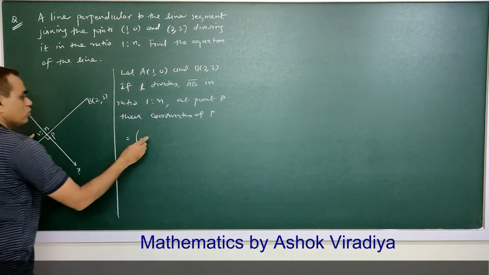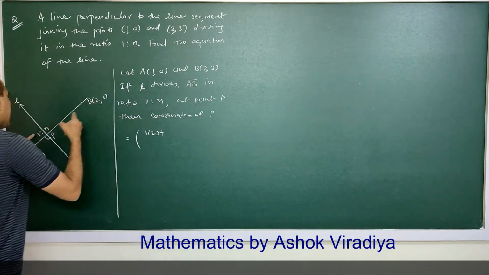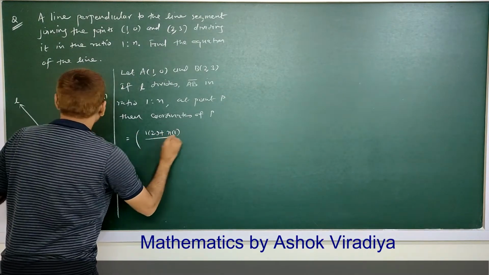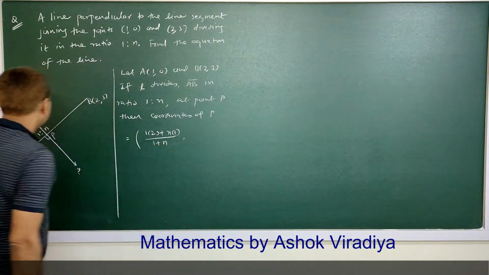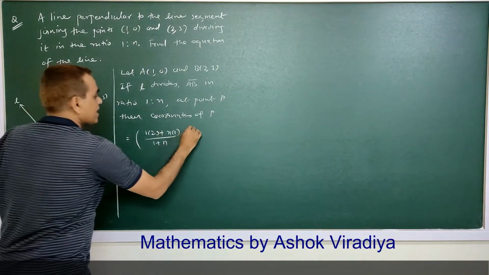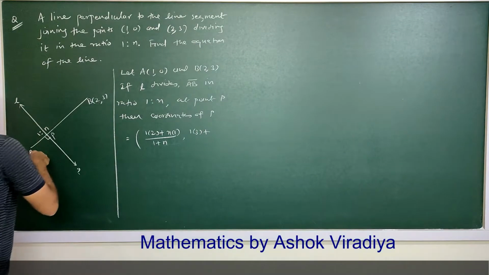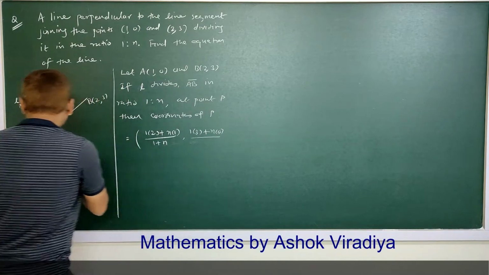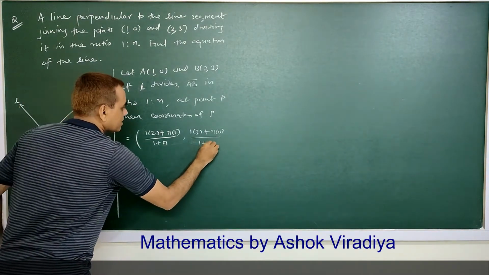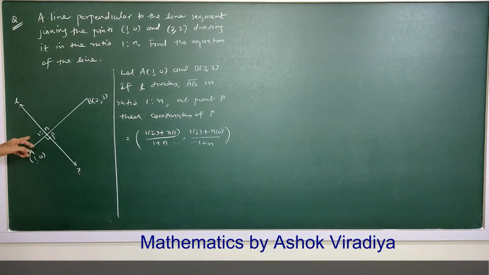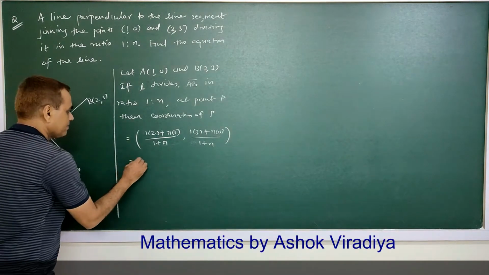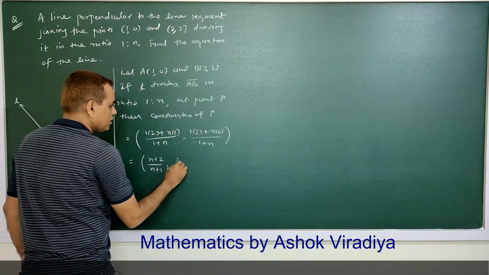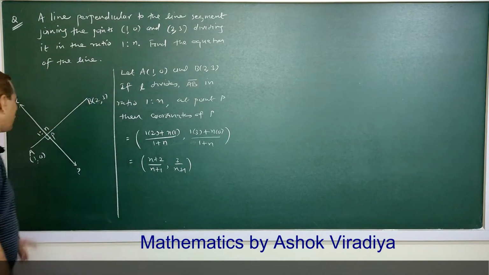So mx2 is 1 into 2 plus nx1, n into 1, upon m plus n, comma, my2 plus ny1 upon m plus n, that is 1 plus n. So we use the section formula. Here this is (n plus 2) upon (n plus 1), comma, 3 upon (n plus 1). So these are the coordinates of point P.